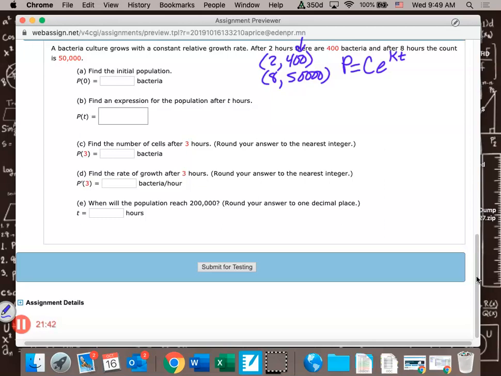No. When they don't give you an initial number, you're going to have to do a little bit more work to solve for an initial number. So what we're going to do is plug in our 2 ordered pairs. Remember, this is t, this is p. So first thing I'm going to do is put 400 equals ce to the 2k. So I'm plugging in my first ordered pair.